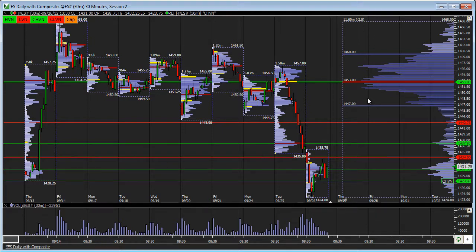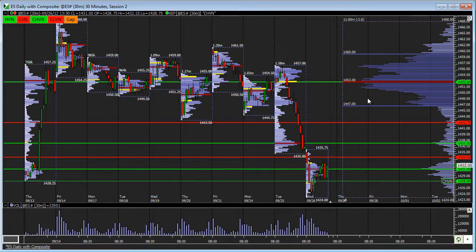Value was compressing. We were putting in narrower range days and just balancing within a range, right? The market shifts from a balancing environment to a trending environment, right? You balance, and then that actually becomes the start of the next short-term trend, which is what we got over the last couple of days, right?